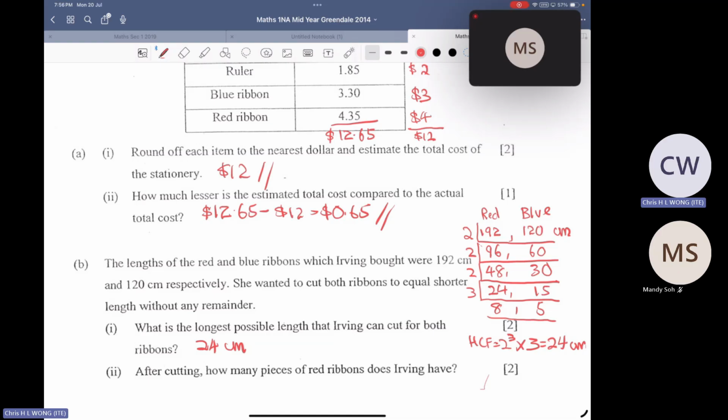So answer all that one. They use HCF, but depend on what they want to ask. So the answer is, how many red ribbon? Answer is 8. 8 red ribbon. Okay? Easy, right? Yeah.